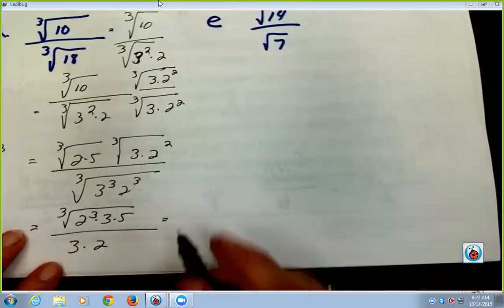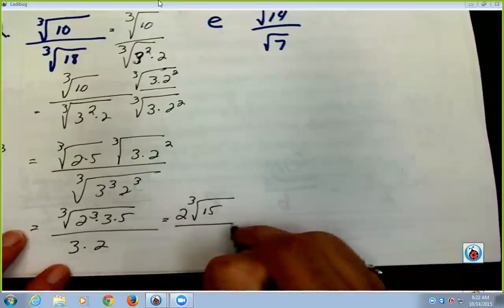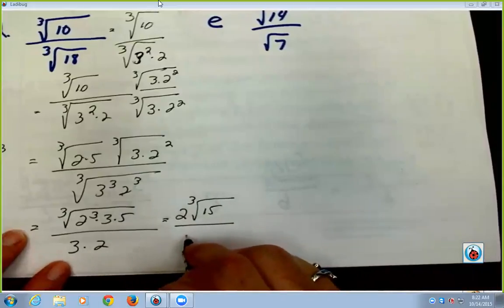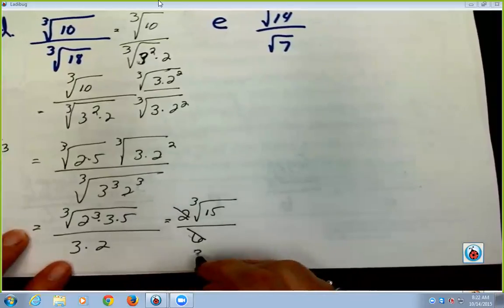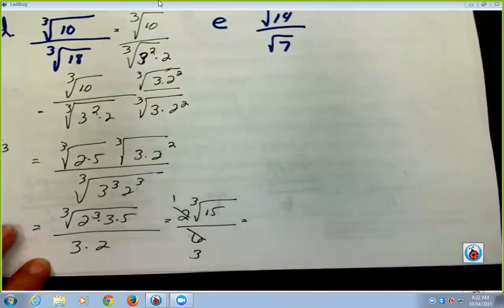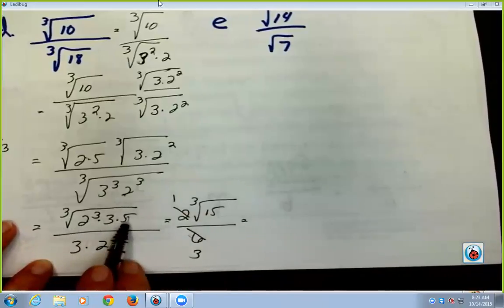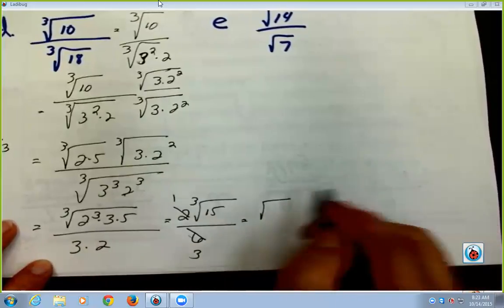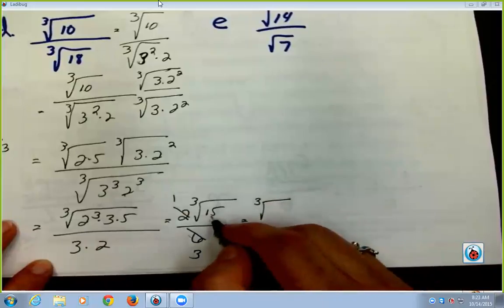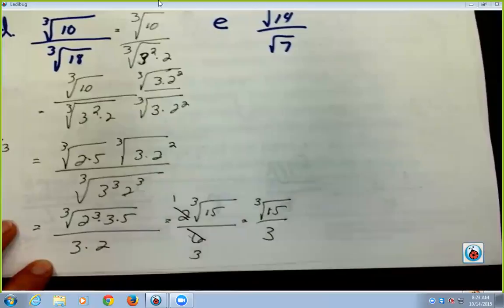So in the top, I can pull out a 2, leaving me with the cube root of 15. In the bottom, I have 6, but 2 and 6 will cancel. So if you put an answer into Hawks and it says it's not reduced, that's more than likely what's happened, is you haven't pulled out everything in the top that you can pull out. So my final answer on this whole thing is the cube root of 15 all over 3.